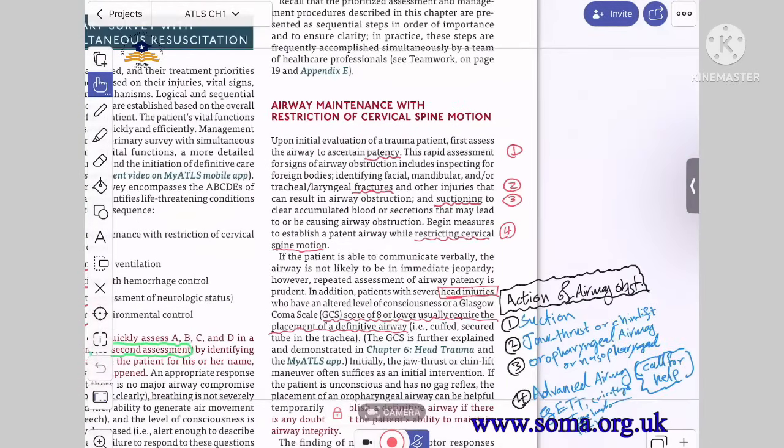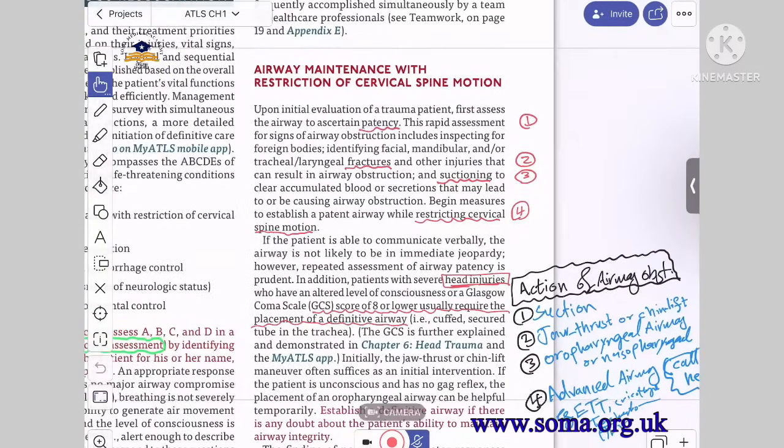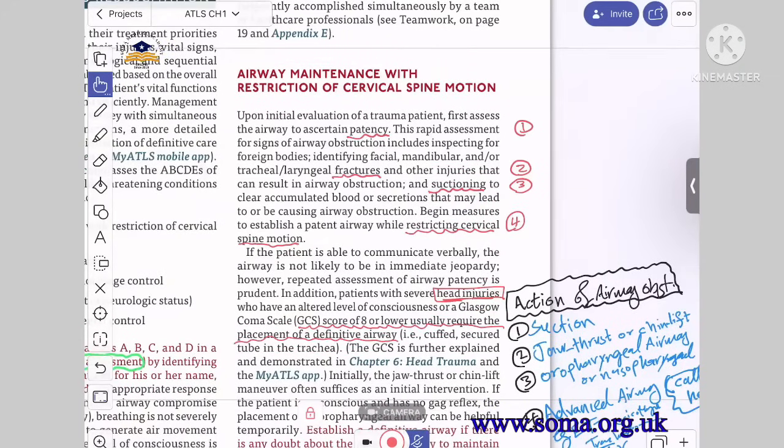Look, now we will start with airway. What's important in airway, and this is just a short note, we will explain airway in detail in the next class. We have to check airway patency.